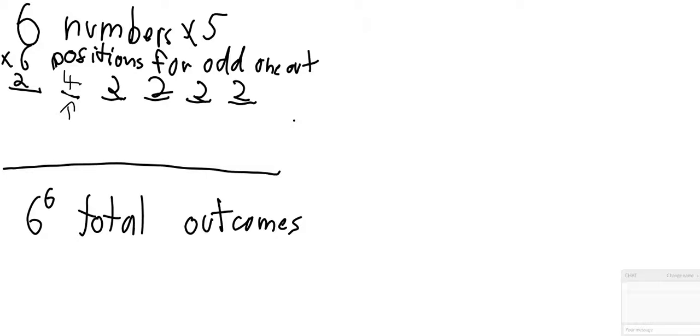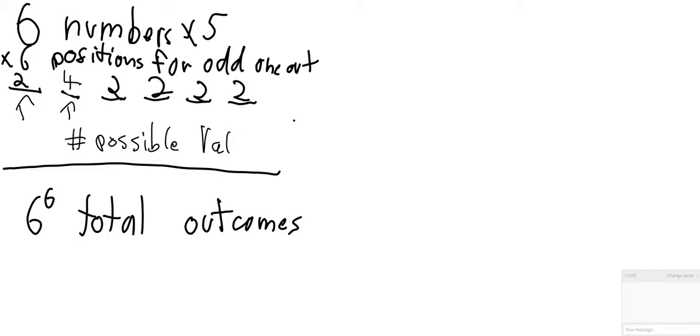Pardon? Doesn't it have to be 5 positions? Well, let's think about it. Why do you think this? Let's go through this example. If it was a 2, then it wouldn't work. Hold on. Sorry, I think we're getting our vocabulary mixed up here. By positions, I mean this. Number of possible values.